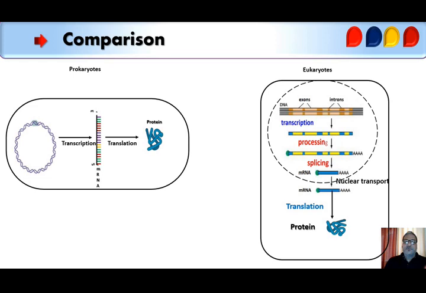In prokaryotes, transcription and translation may become coupled, that is, both can take place simultaneously, whereas in eukaryotes there is no coupling. First the transcription process is followed by the post-transcriptional changes, then when the mRNA comes into the cytoplasm, only then does the translation process begin.